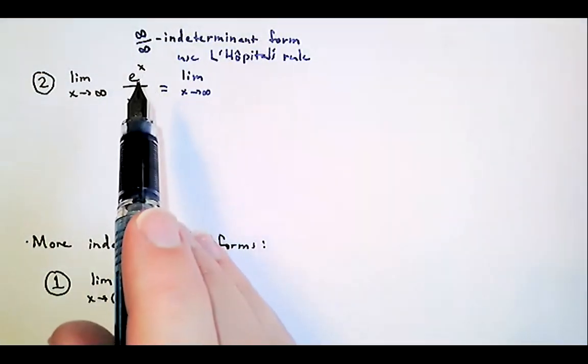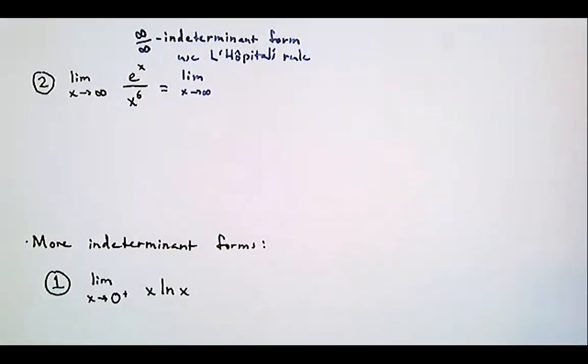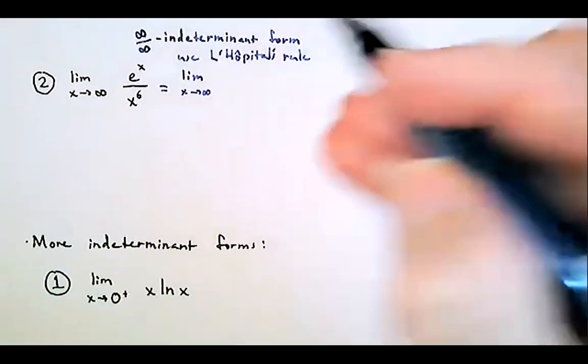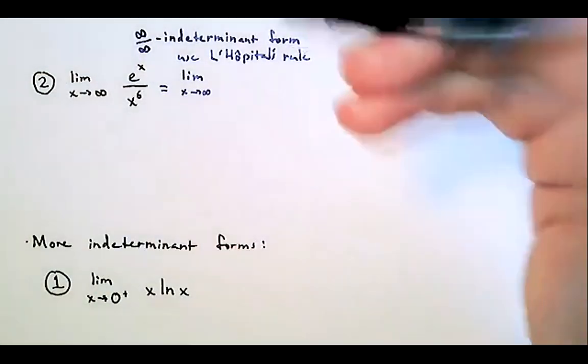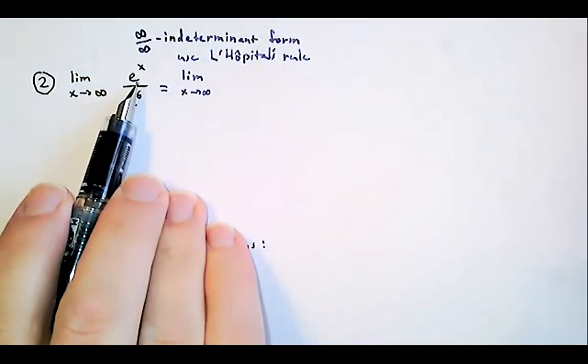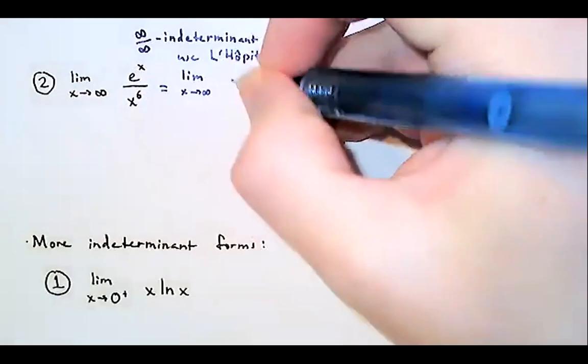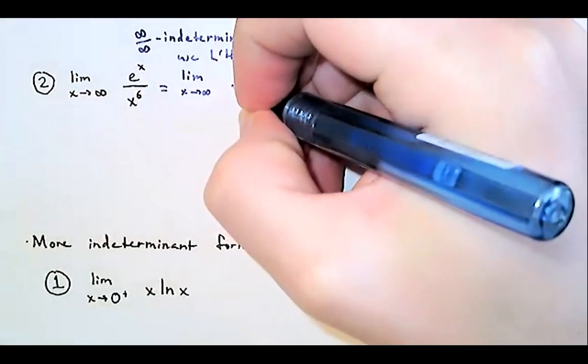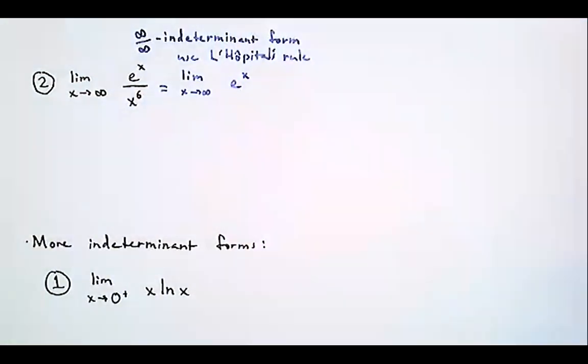What's the derivative of e to the x? Right, Matthew, that's correct. We are going to have to apply it more than once. And I guess you can see why. Every time we take a derivative of e to the x, we get another e to the x. It is its own derivative.